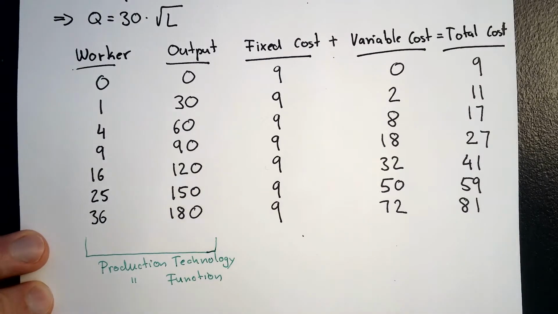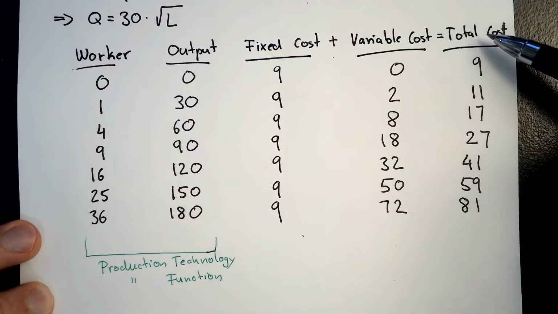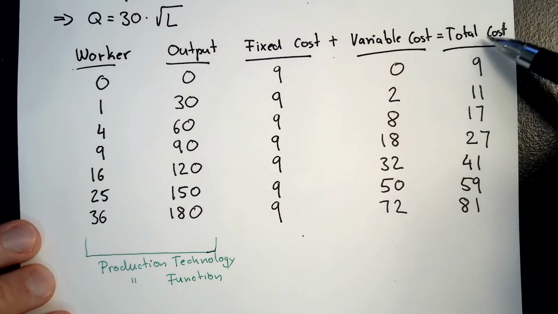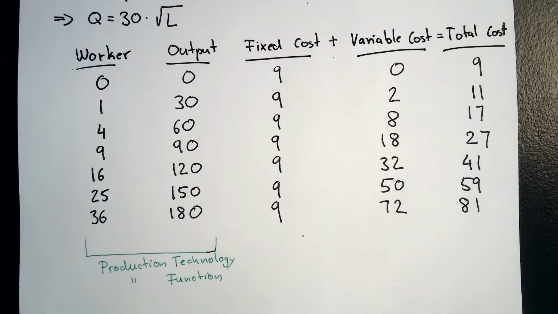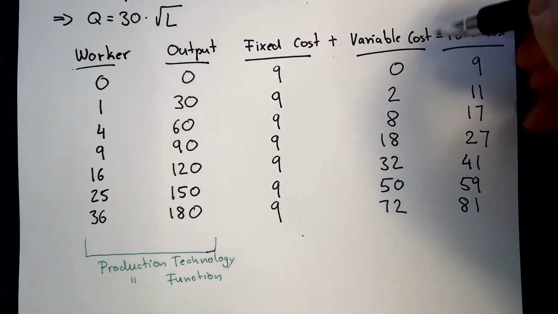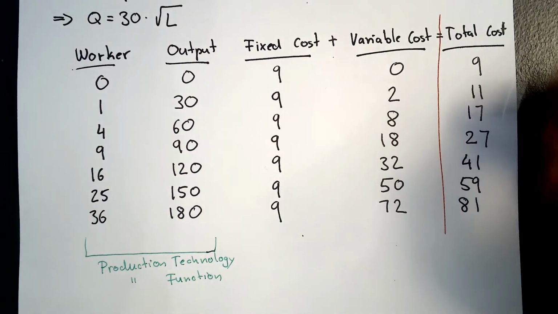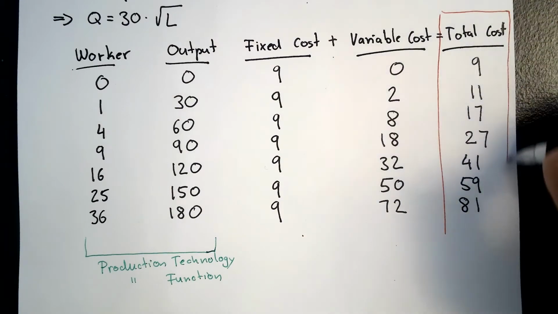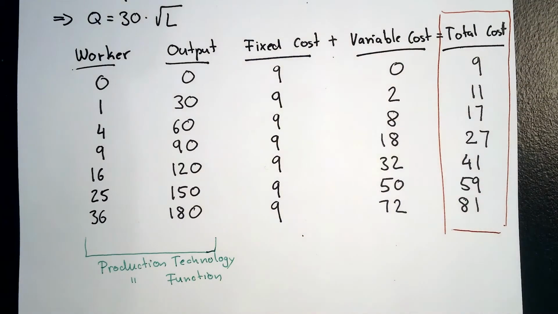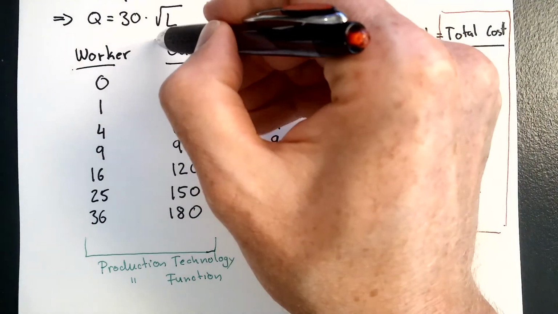But now we also have a link between the total cost, which is the last column here, and the output.